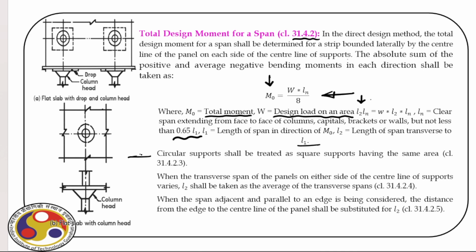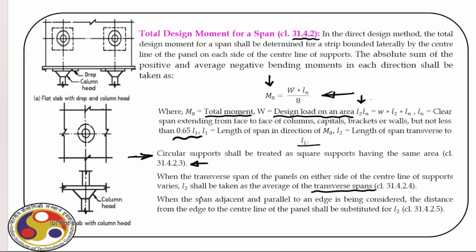Sometimes we have circular columns. So for circular supports, it shall be treated as square support having the same area, which is given in clause number 31.4.2.3. So when the transverse span of panels on either side of the center line of support varies, L2 shall be taken as the average of the transverse spans.